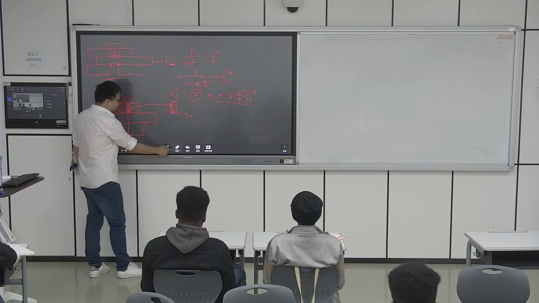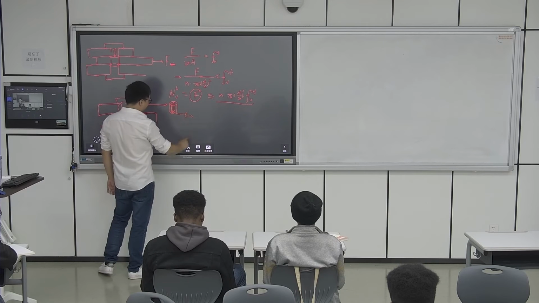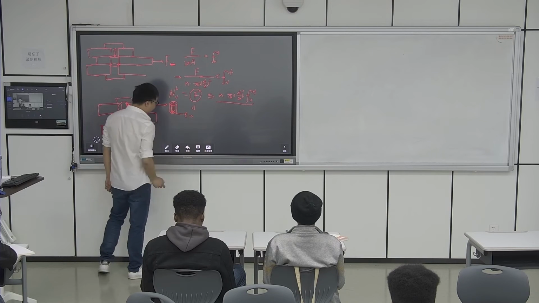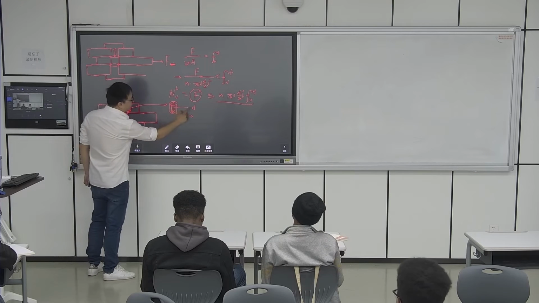And then now we find the distance. What's the distance? If we find the cross section area, where should D be? D will be this long distance, right?